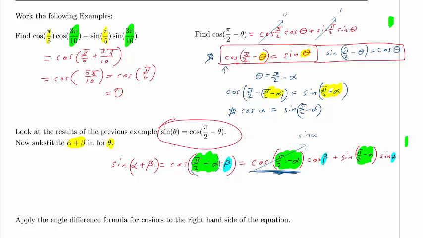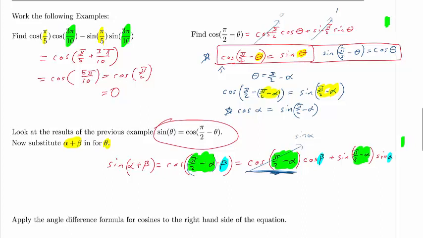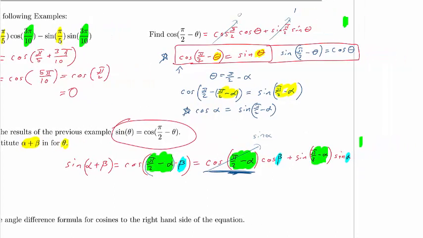All right, interesting. And sine of pi over 2 minus alpha, well, we note that as the same thing as cosine alpha.